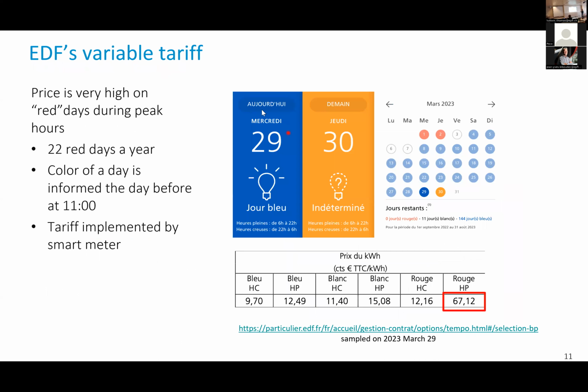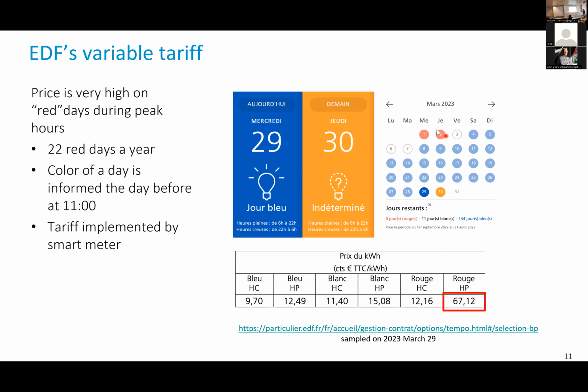In France, very recently this year, something also very similar has been introduced, where the motivation was to reduce the peak because of the difficulty of the grid to generate all the peak power that would be otherwise required. So they offer you a service where the prices are like this here. You see that it's the French way, so the days are colored with the colors of the French flag.